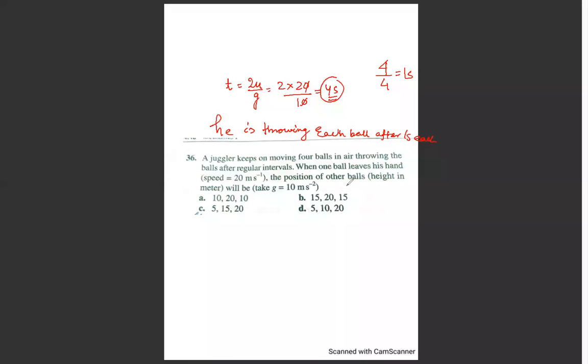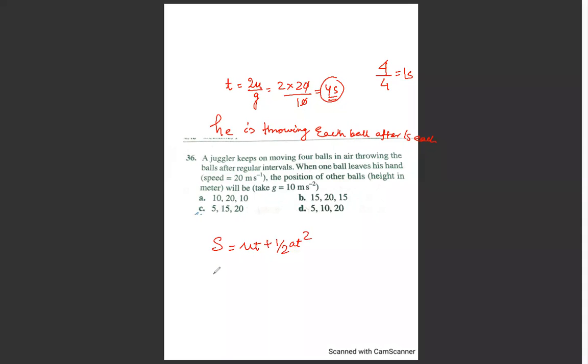What would be the distance covered by it or the displacement of the ball? You directly use this equation S is equal to ut plus half at square, right? Initial velocity is plus 20.